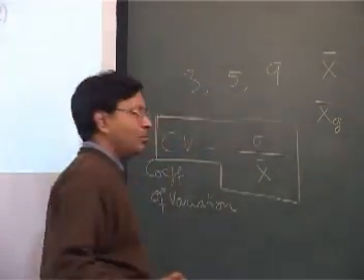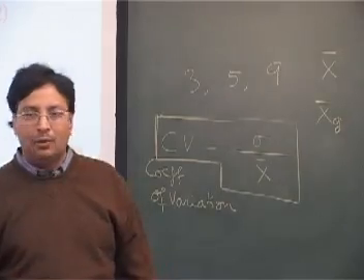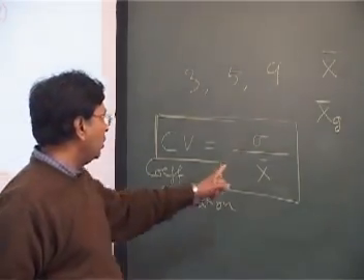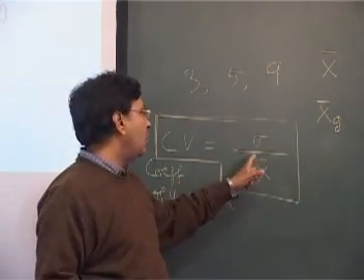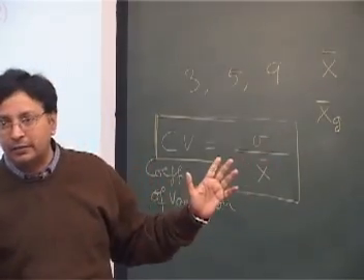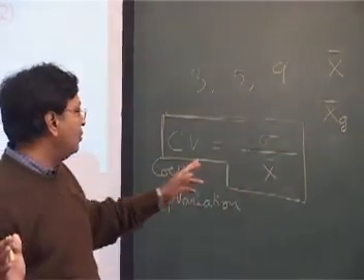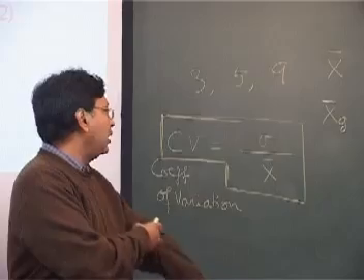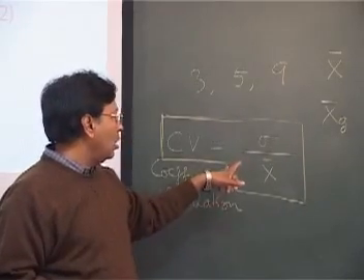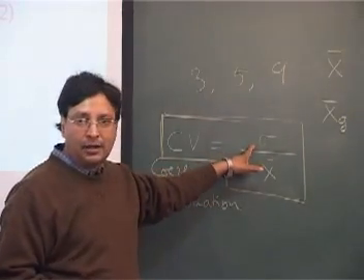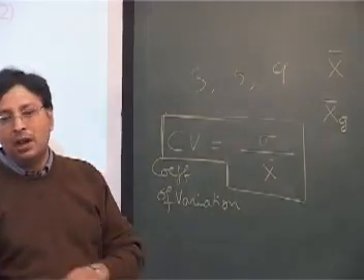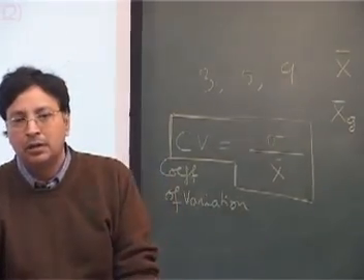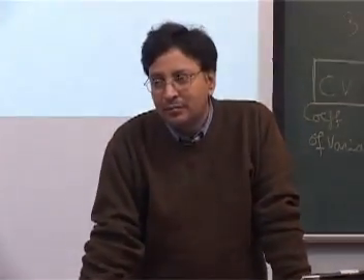Very simple thing, but very useful. Why useful? As you see here, sigma gives you the variability in the data. And what units will sigma have? It will have the same unit as x, right?